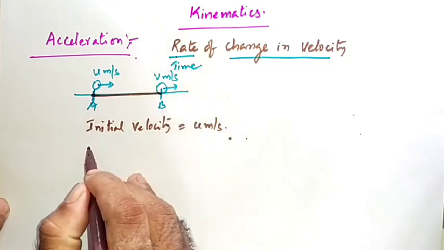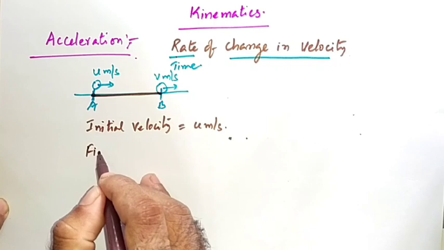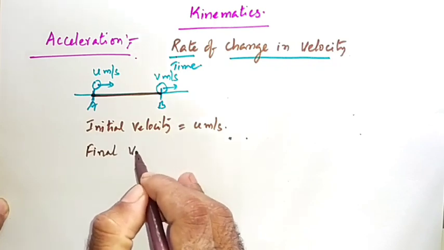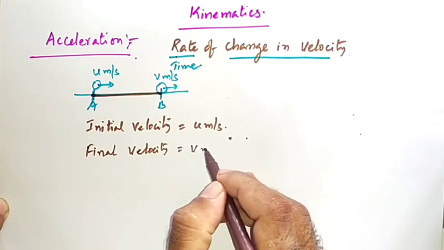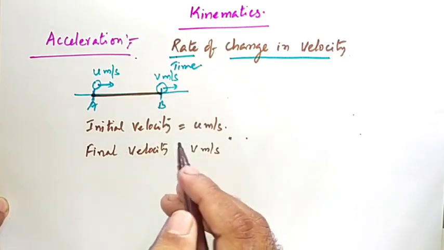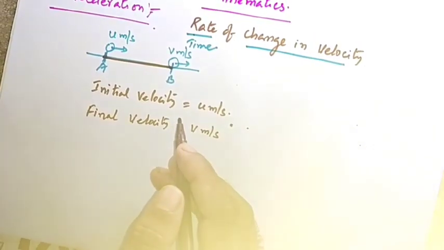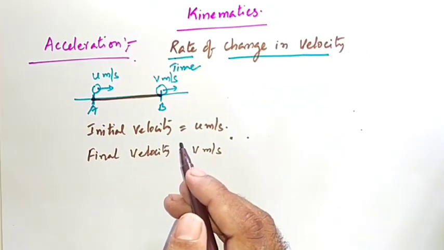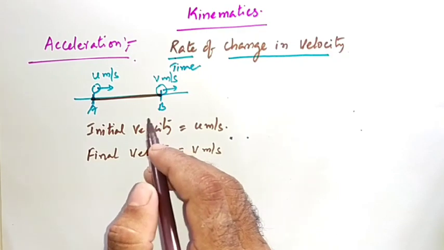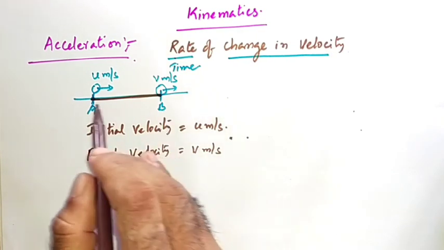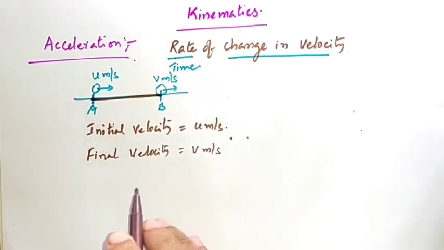At point B, the velocity is the final velocity, v meters per second. After that also it has velocity, but my observation ends at point B. It starts at A and ends at B. So at A, initial velocity; at B, final velocity.